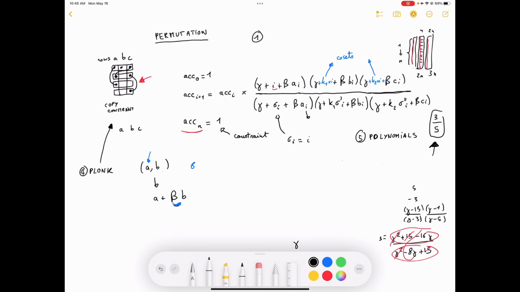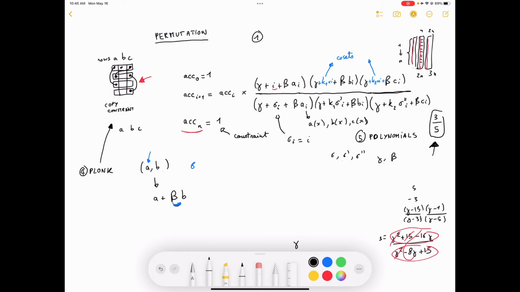So AI, BI, CI, we already have the AX, BX, CX. This sigma and sigma prime and sigma prime prime are basically going to be polynomials. So you take sigma of 1 will be equal to 2 and stuff like that. So this is pretty easy.